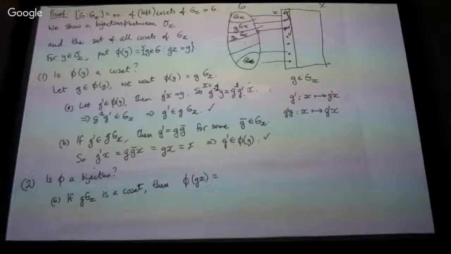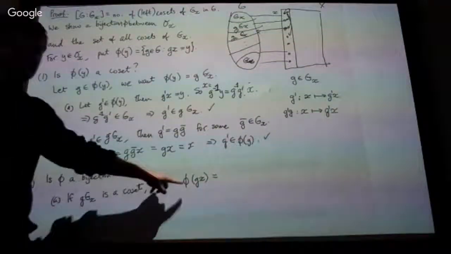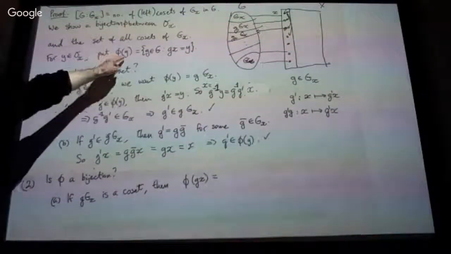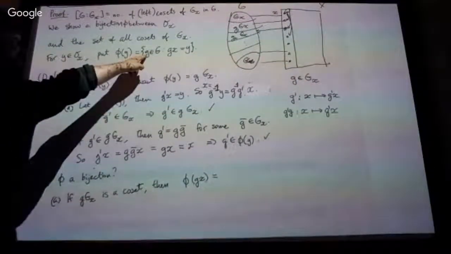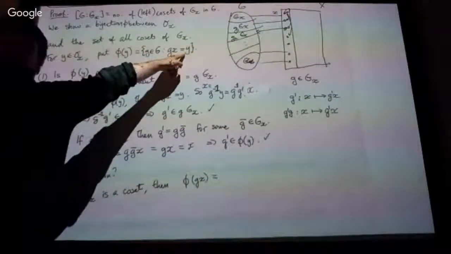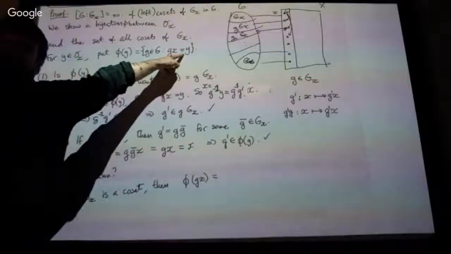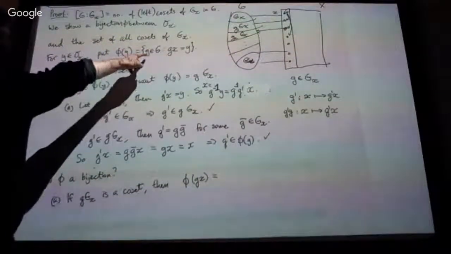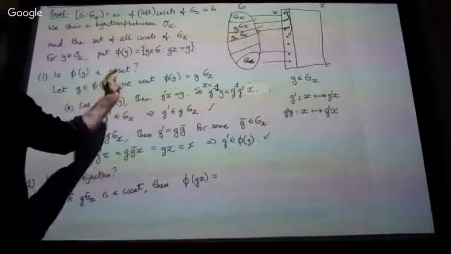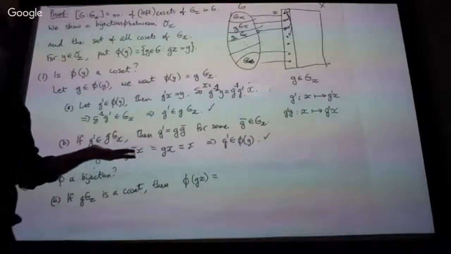So what is the set of everything in G which sends X to GX? G is one such thing. G does send X to GX, obviously.